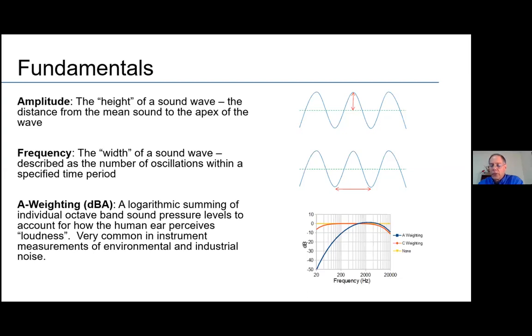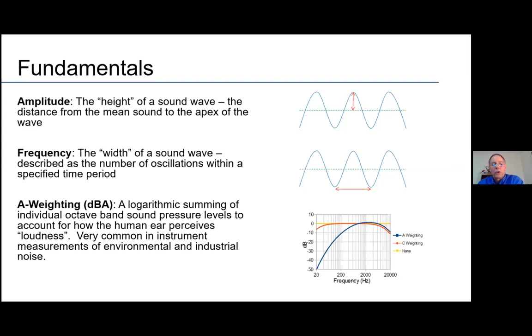And then you'll very often see things referenced as dBA, and that is an A weighting that is applied to the decibel or dB sound level. It is a logarithmic summing of the individual octave band sound pressure levels, and it's a weighted summing. It's applied to the sound pressure levels at each octave based on how the human ear perceives the loudness of that frequency of sound.